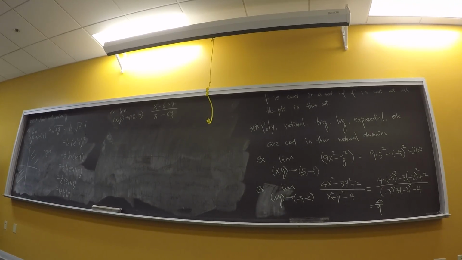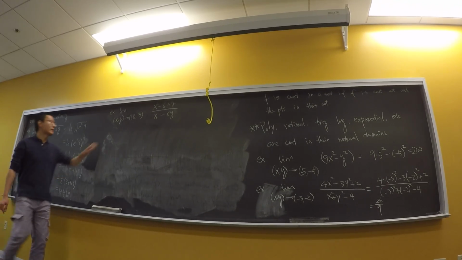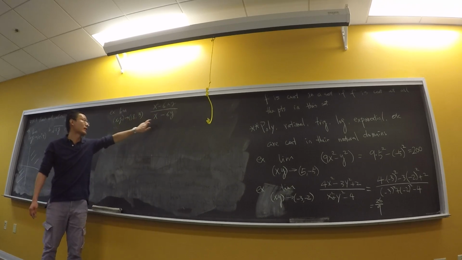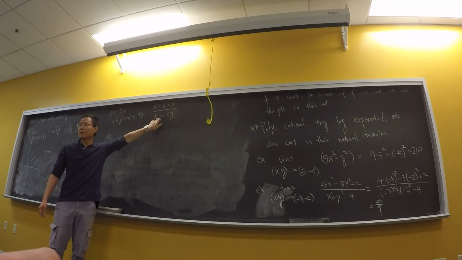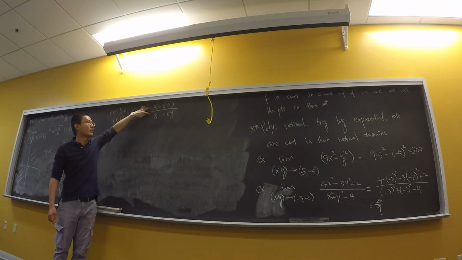Okay, so this is slightly more complicated than before because the point falls outside of the domain, right? When you plug in (18, 3), the denominator is equal to 0, so it's not going to be in the domain, right? It's not going to be in the domain, but if you look at the numerator and the denominator, there are some common factors. You can simplify this fraction, right?